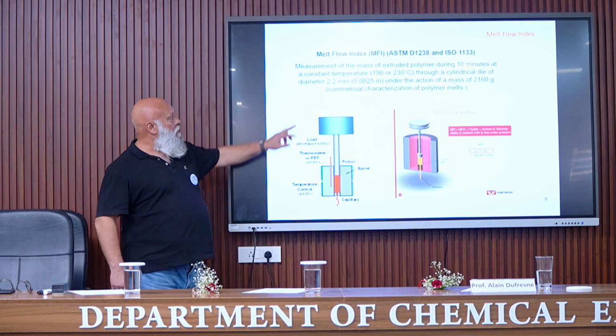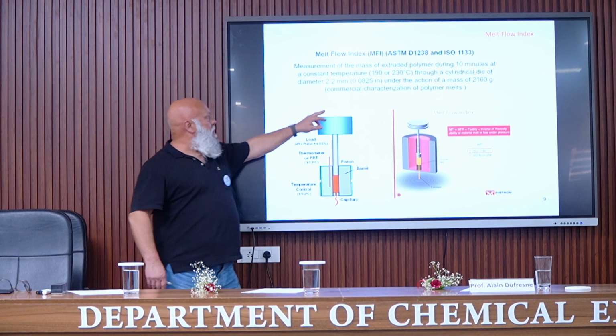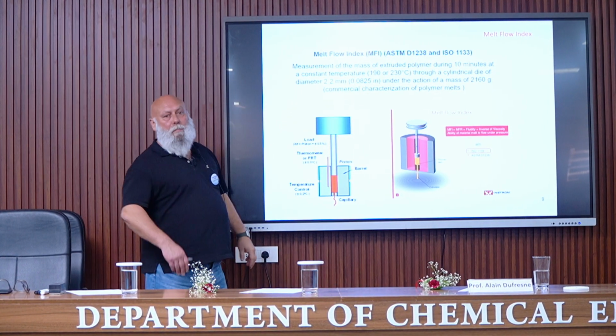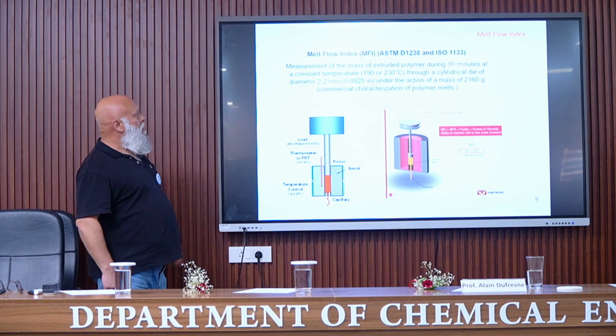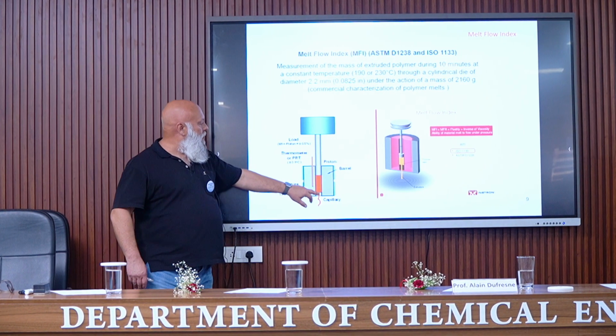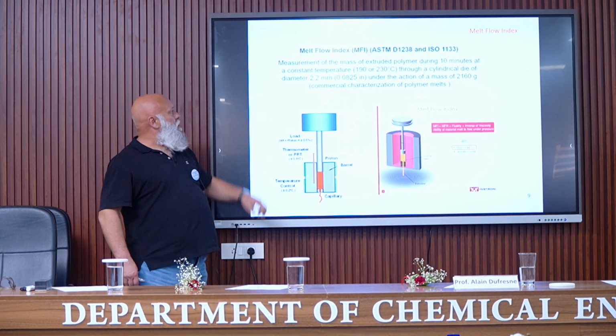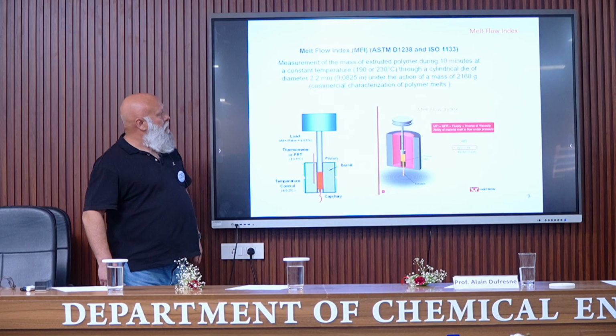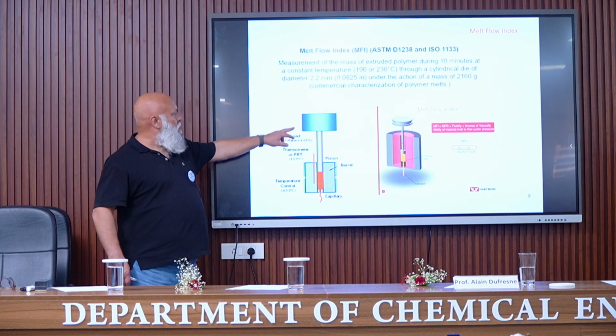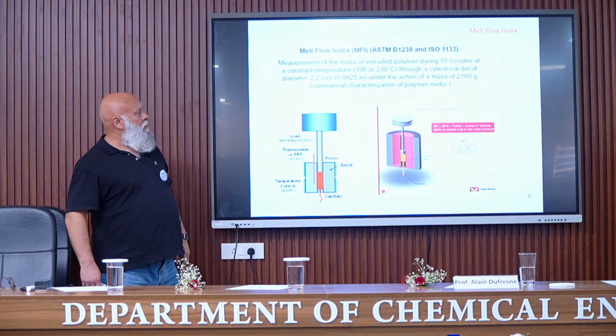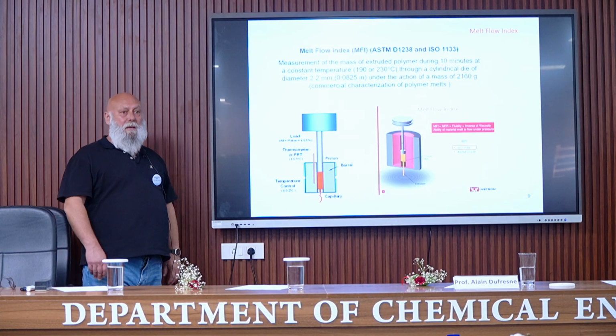For polystyrene, it's 230. Through a cylindrical die, which is here, which has a diameter of 2.2 millimeter, under the action of a mass, which is here, of 2.160 kilograms.